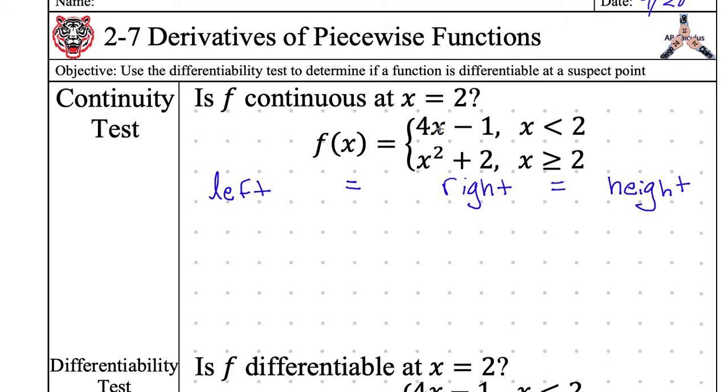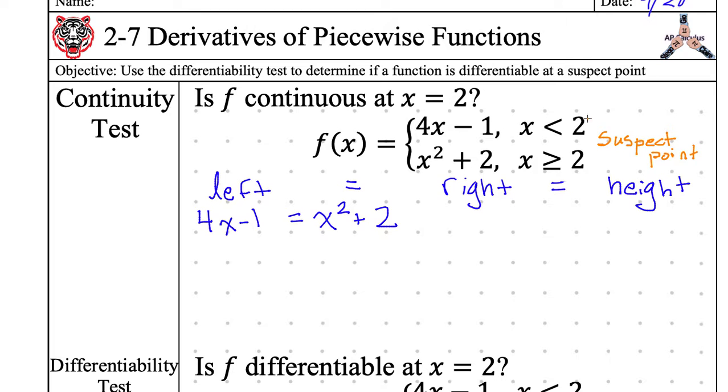So let's go ahead and set them equal to each other. 4x minus 1 now needs to be set equal to x squared plus 2. What do I do after I set them equal to each other? You should be using the word suspect point somewhere in your answer. X turns into the suspect point.